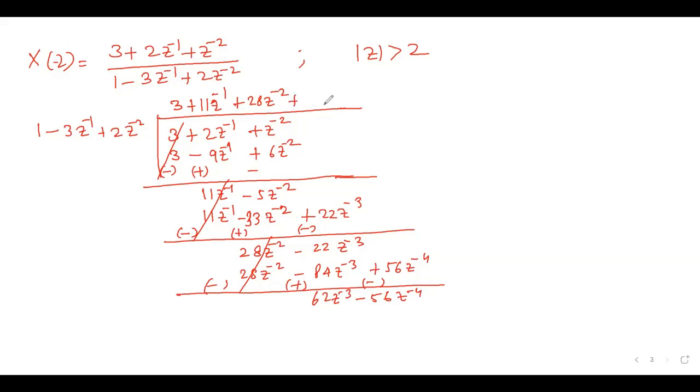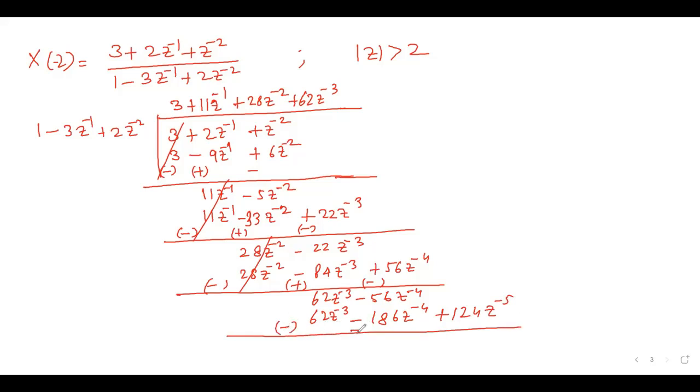এবার কত হবে? 62 z to the power minus 3. So 62 z to the power minus 3, minus 62 into 3, 186 z to the power minus 4, plus 124 z to the power minus 5.